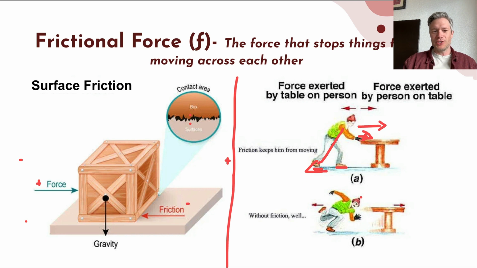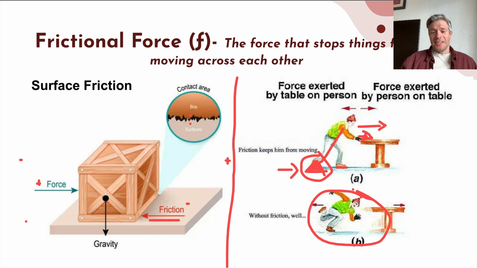Well, without any friction or any forces opposing this motion, that arrow went from bad to worse. If we don't have any opposing forces, the person would just slip, they'd fall. So we do need frictional forces to be able to move.